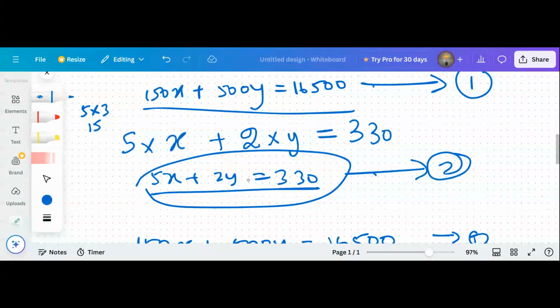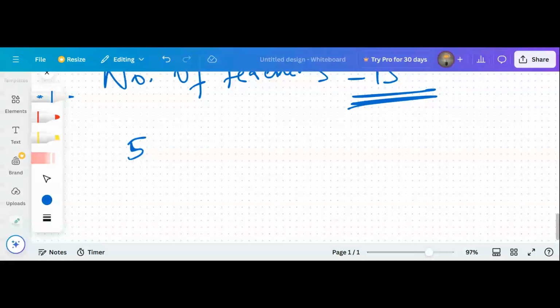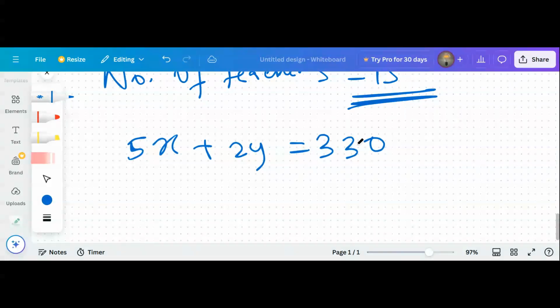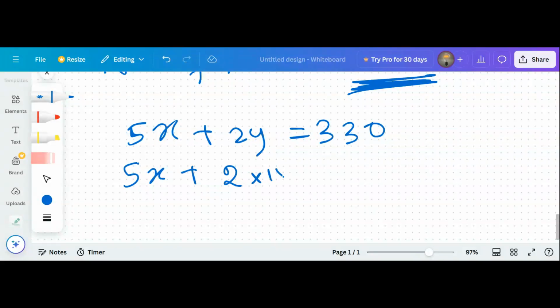This is a simple equation, so I am taking this. 5x plus 2y is equal to 330. You can take the other equation also, no problem. So 5x plus 2 into y, we have already found y is equal to 15.